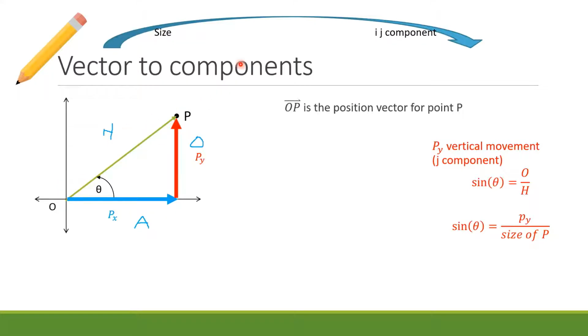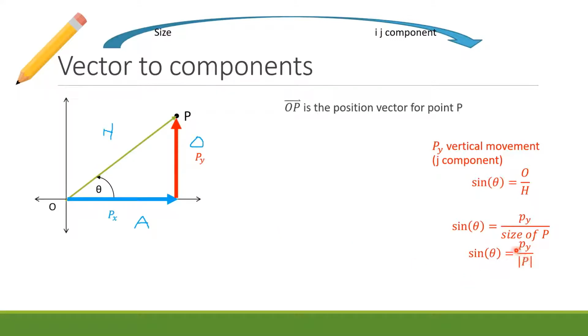So that means I can replace this with one little addition here. Instead of saying size of P, I'm just going to put these bars down. You guys remember when we were talking about magnitude, these lines mean that we're just working out how long the vector is.